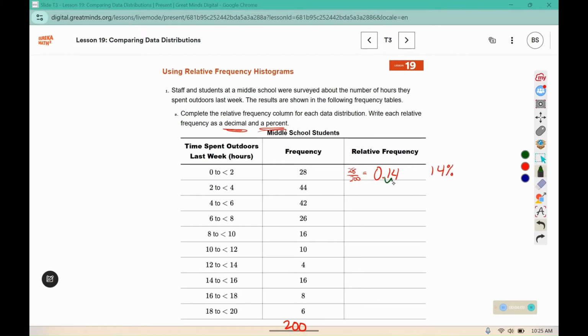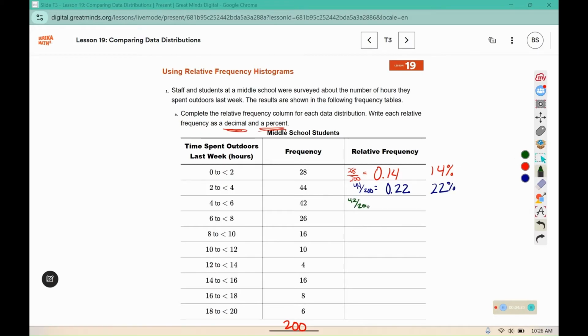We move that decimal 2 spots to the right to turn it into a percent. This next one would be 44 out of 200. So to get the decimal, 44 divided by 200 is 0.22 or 22%.